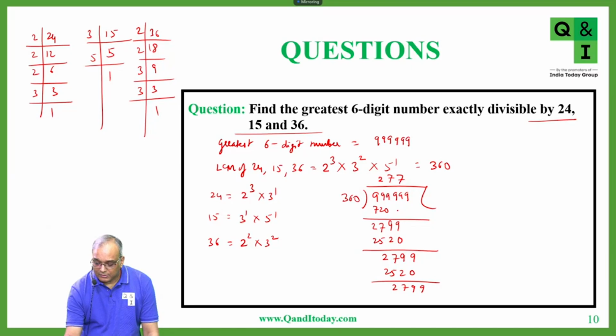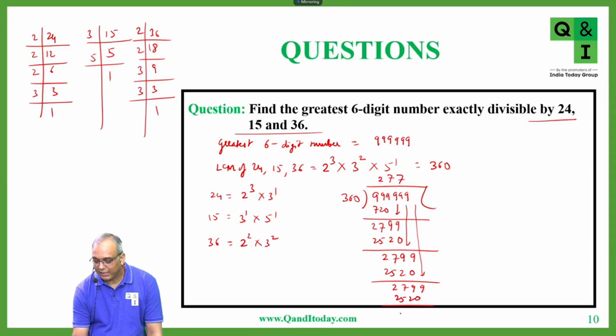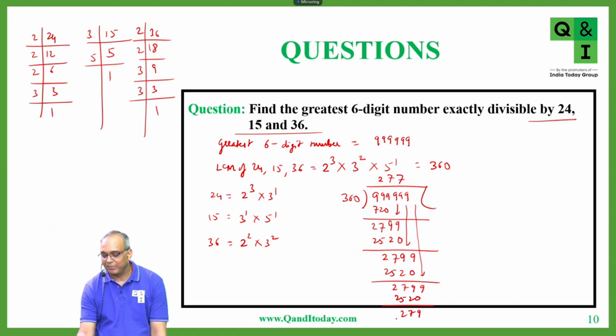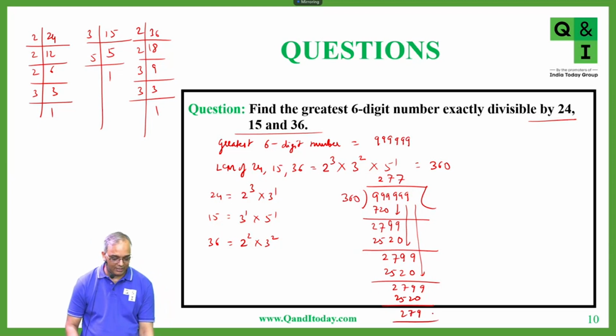So this is your 4th, this is your 5th, and this is your 6th. Again, you will have 2520 and you have 279 as your remainder. So the final remainder is 279.